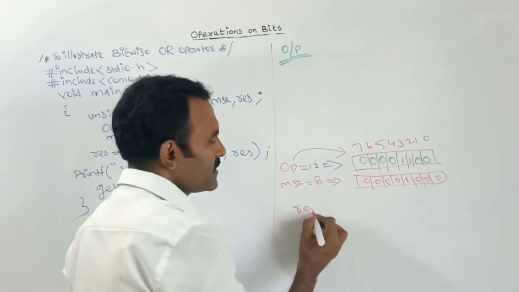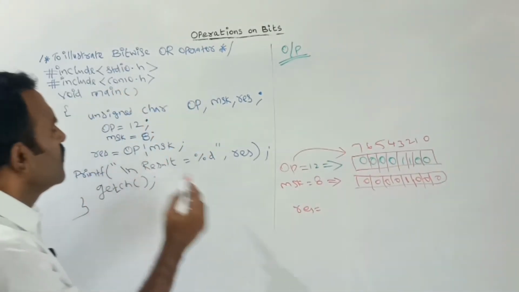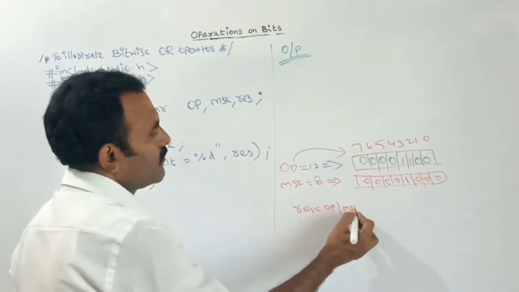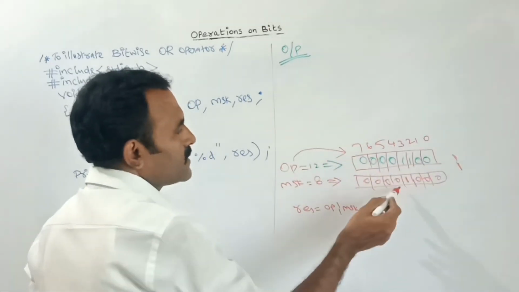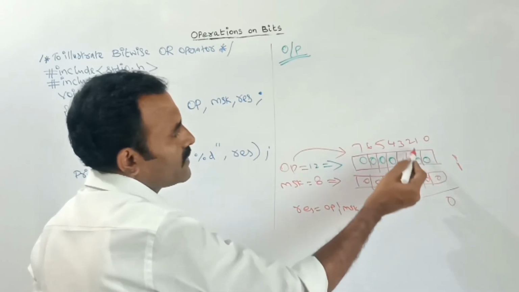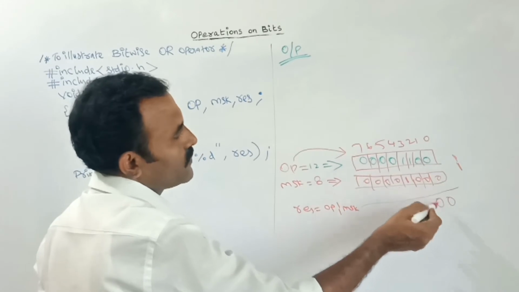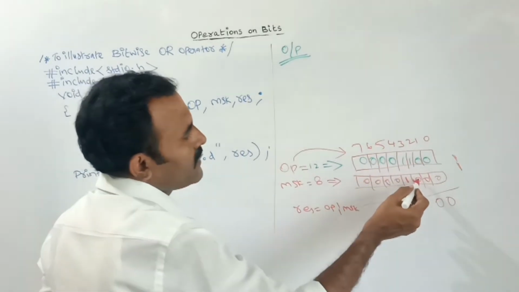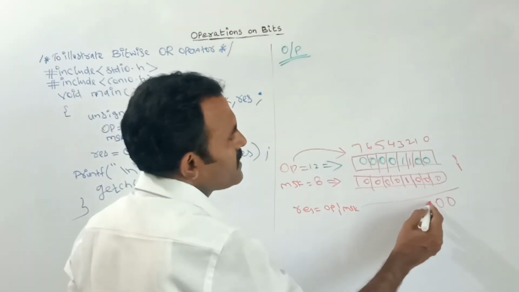RES is equal to the operand, OR, the mask value. Calculating bit by bit: the first position is 0 and 0, the second position is 1 and 0, so 1 OR 0 is 1, because this is bitwise OR.